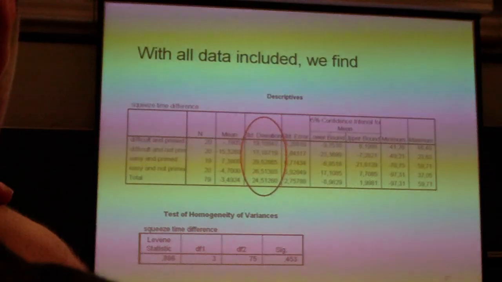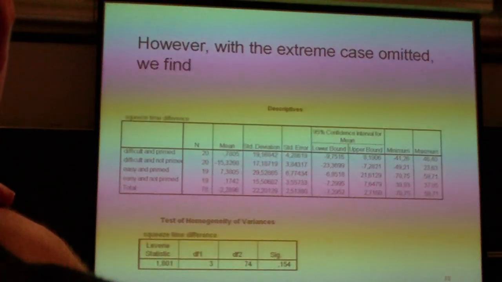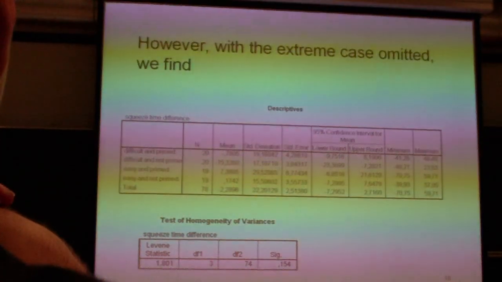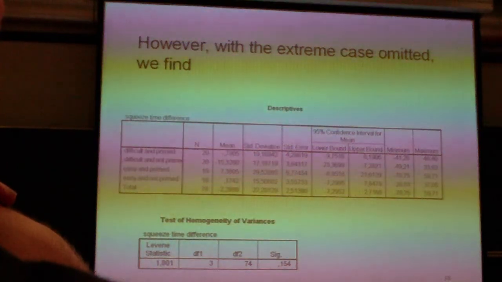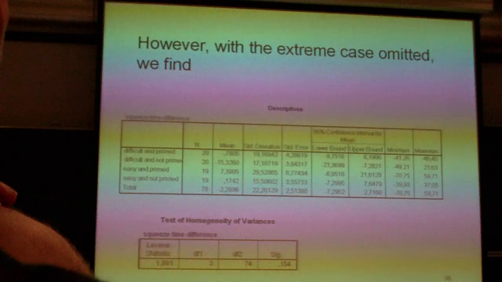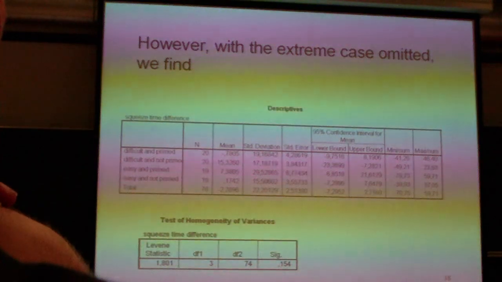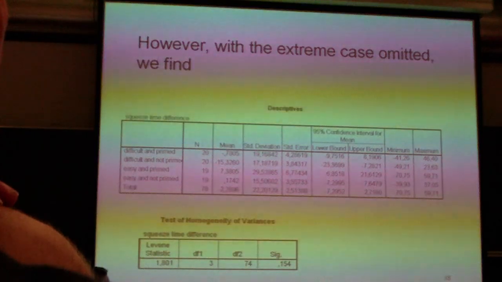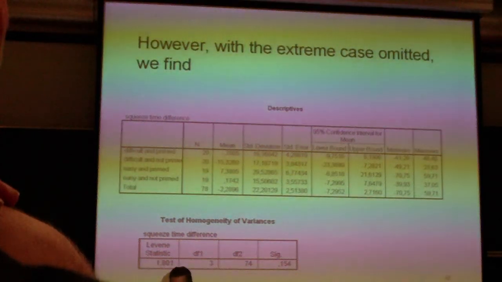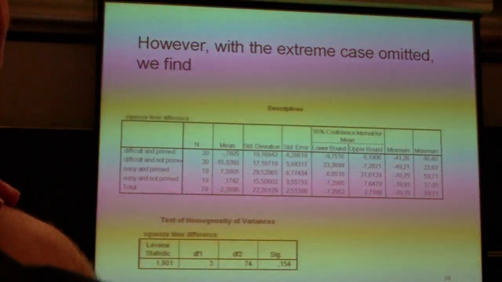Now if we carry out this analysis again, but with the extreme case omitted, the picture becomes like this. You can see that the Levene test is still not significant, but the p-value has become somewhat lower. It was about 0.45, it's now 0.15.